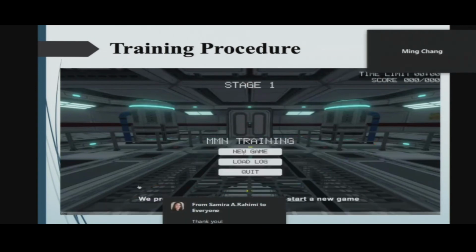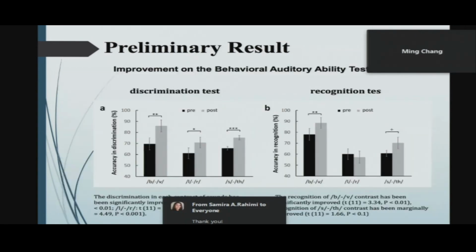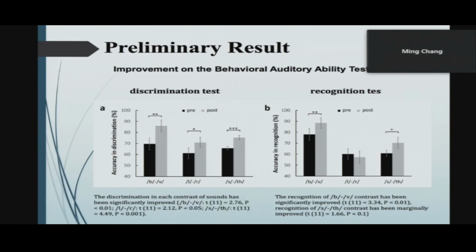The vertical axis shows the accuracy, and the horizontal axis the contrast of sounds. The result revealed that discrimination in each contrast of sound was significantly improved. Now look at the figure for the recognition test.